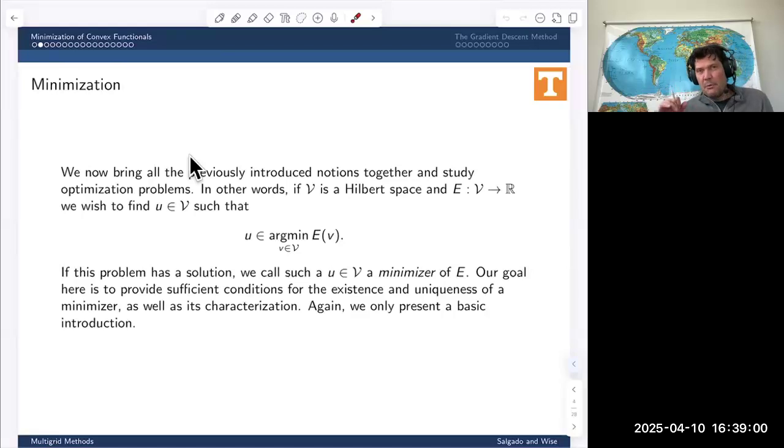So all of what we're going to be doing is looking at a function like this. It's going to be a mapping from a Hilbert space into the real line. If this was a generic Banach space, then we couldn't necessarily talk about the minimization of that functional.